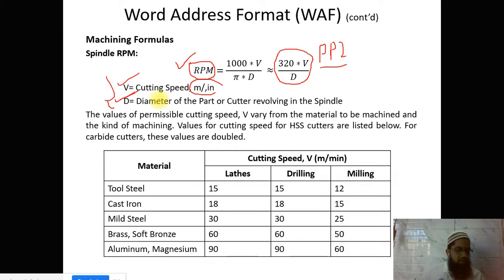Please message me in the text box, saying, sir, the work is done, so that I can proceed. You only have to note down this formula as well as V and D and their specification, V equal to cutting speed.